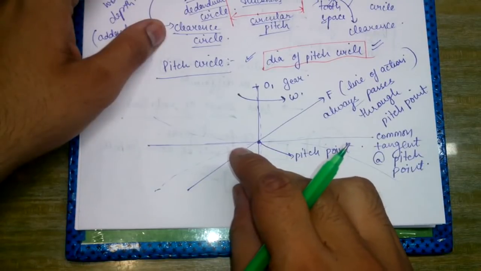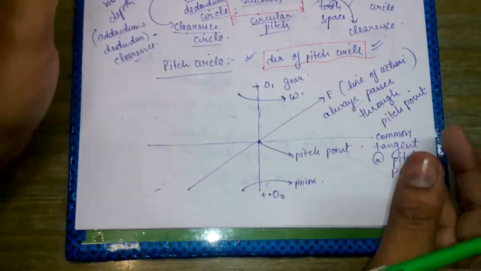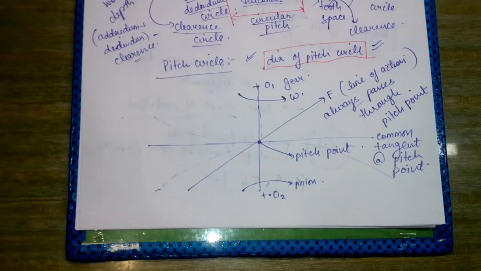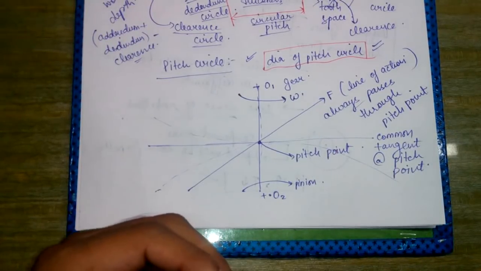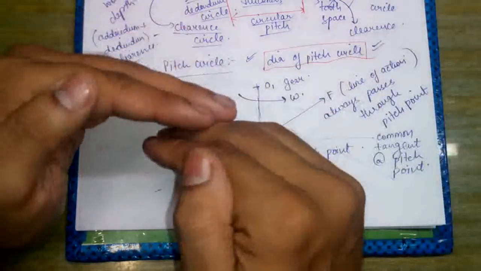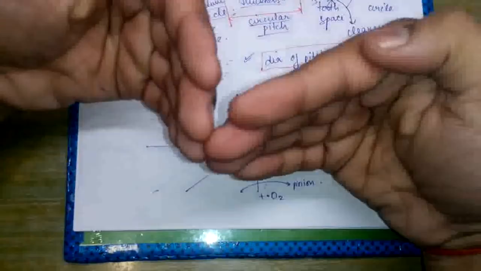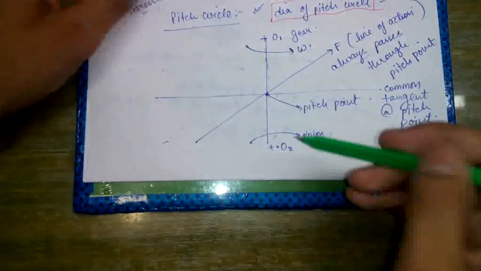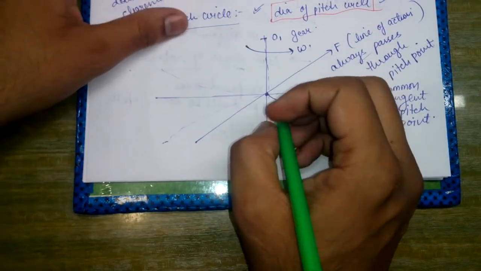The point of contact is the point between any two surfaces, whereas the pitch point is actually the contact point between the pitch circles. The pitch circles will move like this, one gear goes this way, the other gear goes that way, and the contact point between the pitch circles would be called the pitch point.